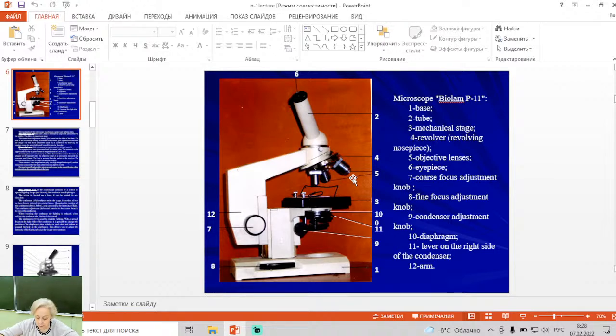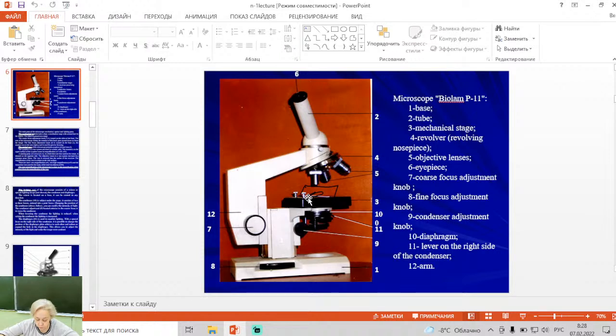Remember that when focusing on an object at high magnification, it is necessary to work only with the fine focus adjustment knob. If you use the coarse focus adjustment knob, you will break the slide.